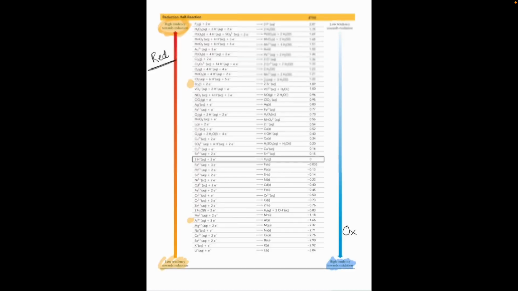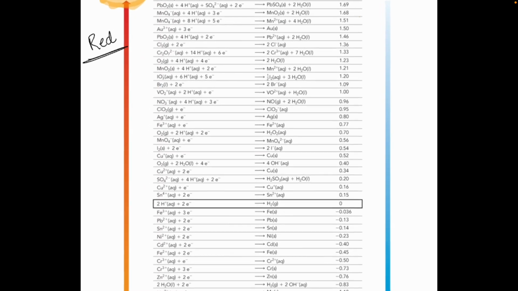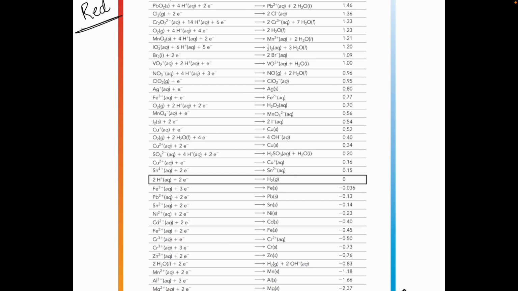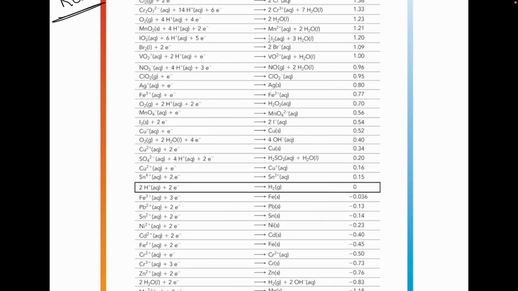This thing here. All right, so take a second and see if you can identify which reaction would occur at which terminal here.